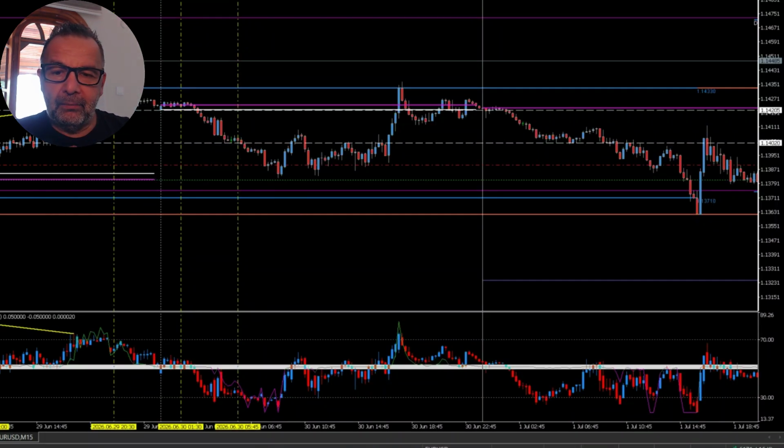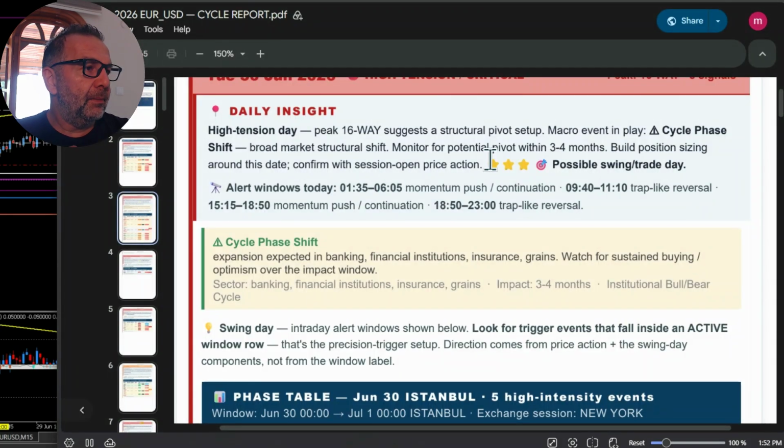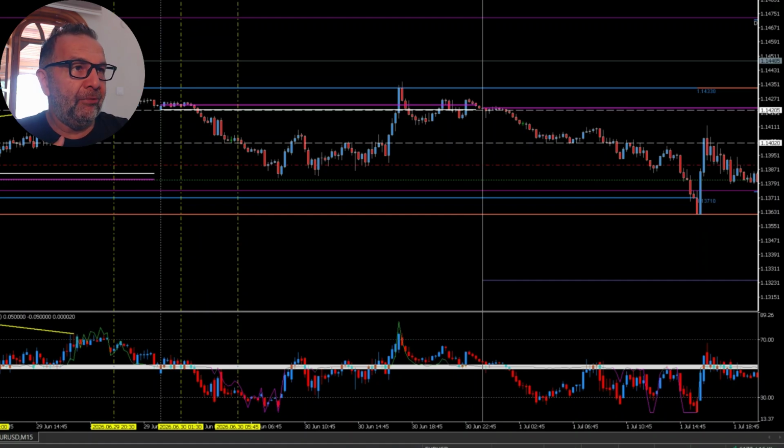And then coming in at 9:40, trap-like reversal between 9:40 and 10 past 11. Look, this is 9:40 here. Look what happens. Boom, and then back down. Immediate. This is a trap. They're trapping the buys.